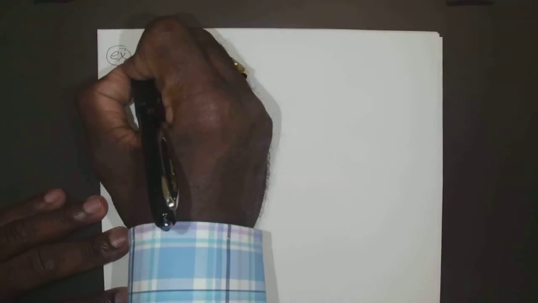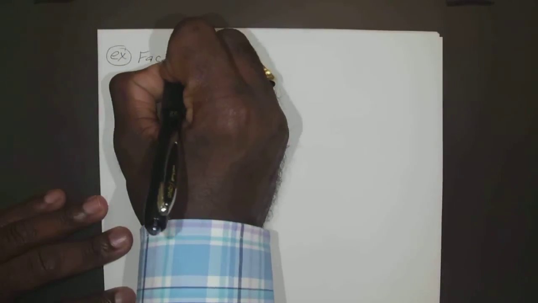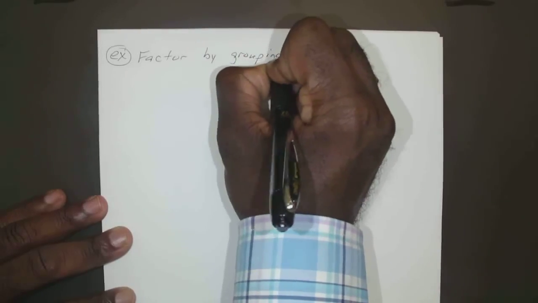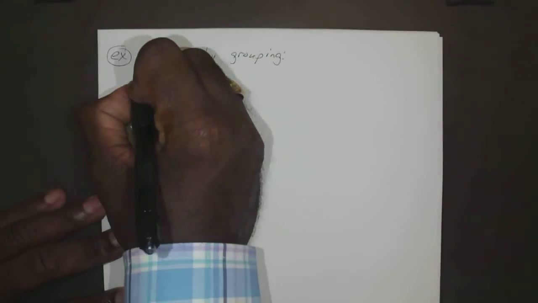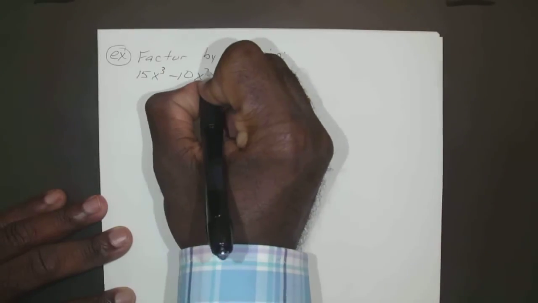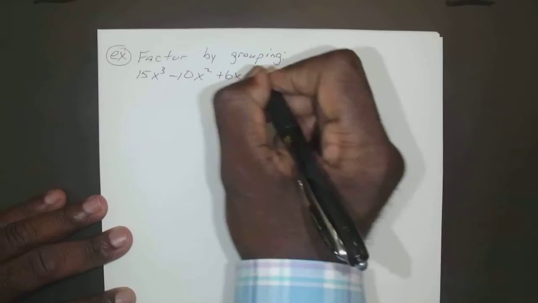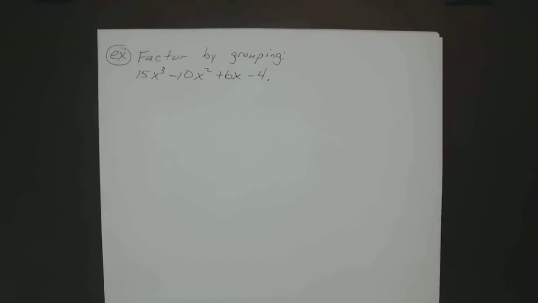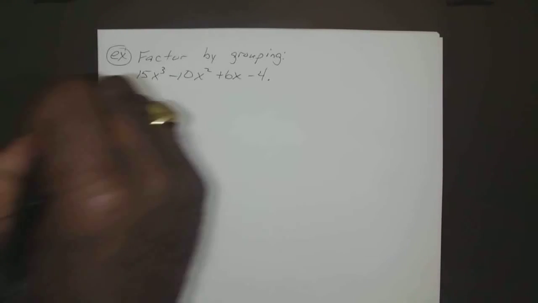Okay, so let's say, for example, if you wanted to factor by grouping 15x to the third minus 10x squared plus 6x minus 4. Okay.